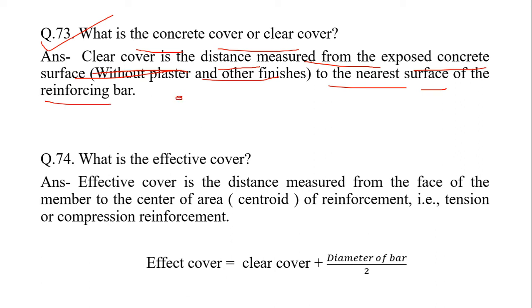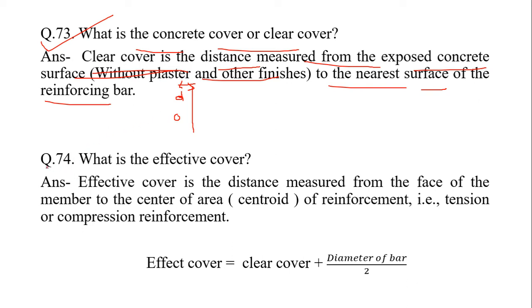This is the reinforcing bar, this is the exposed surface of concrete, and this is the clear cover of the concrete reinforcement, between the exposed surface of concrete and the nearest surface of the reinforcing bar.